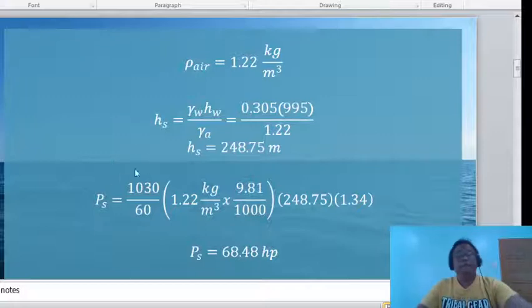So take note, class, 1.34 is a conversion: 1.34 horsepower for every kilowatt. So the answer now, the static horsepower, is equal to 68.48 horsepower, class.